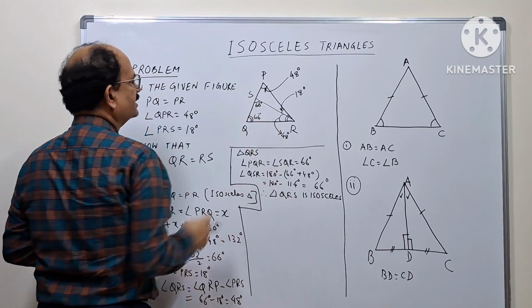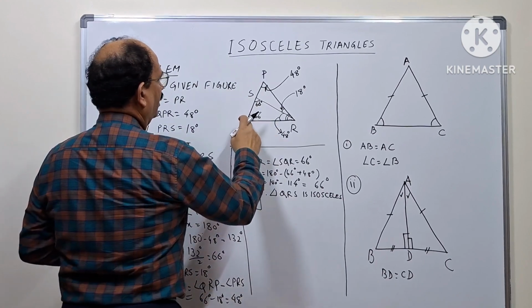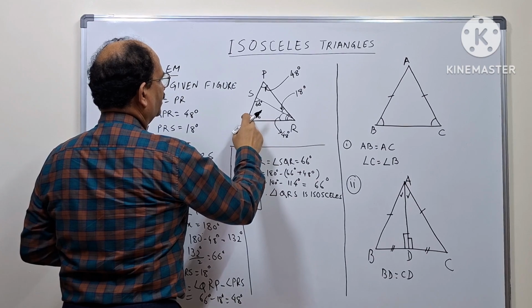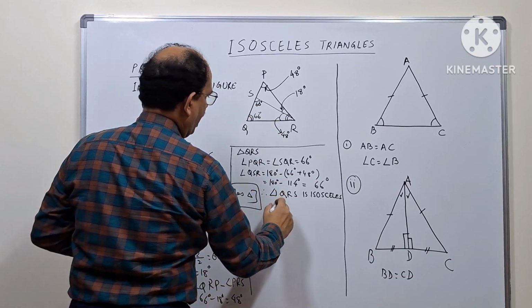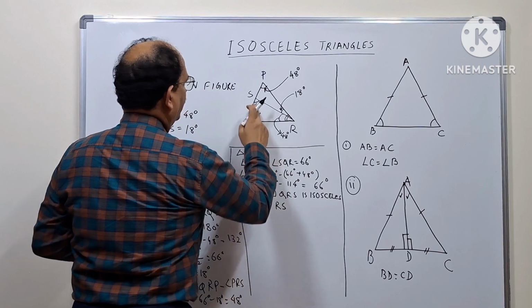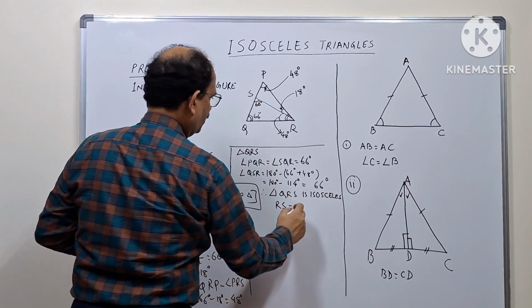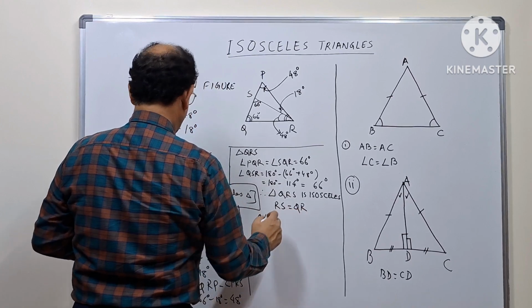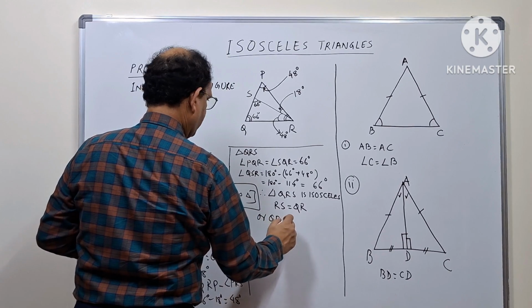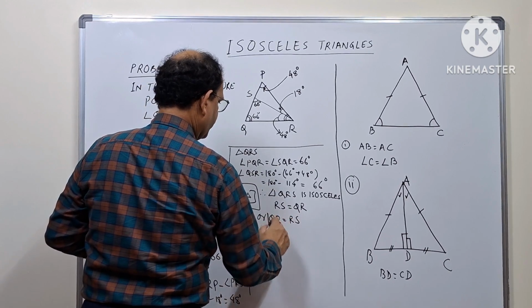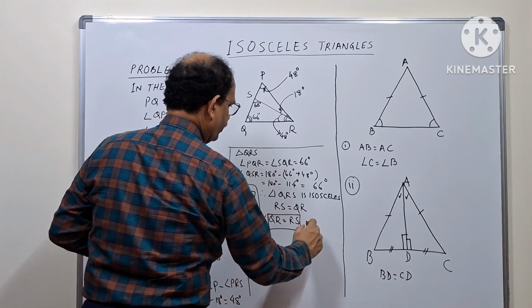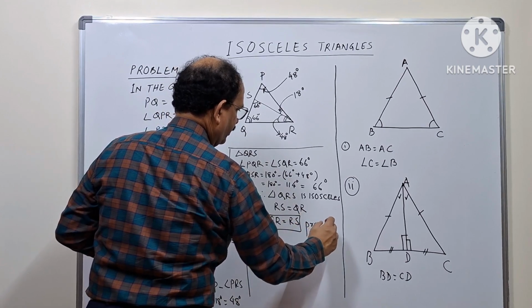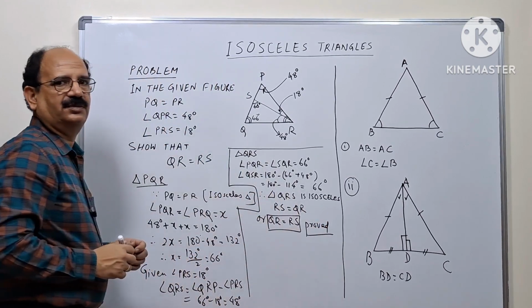And the opposite sides will be equal. So opposite to this angle will be RS and opposite to this angle is QR, or QR is equal to RS. And this is what we had to prove. Okay.